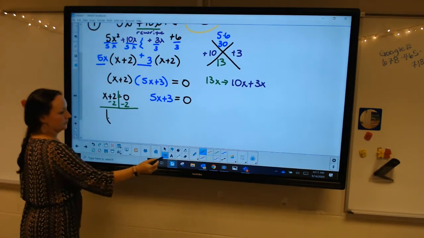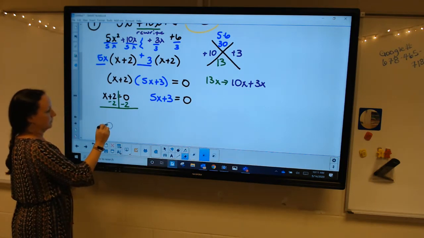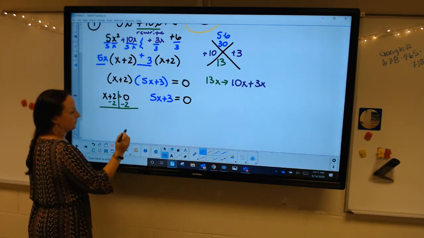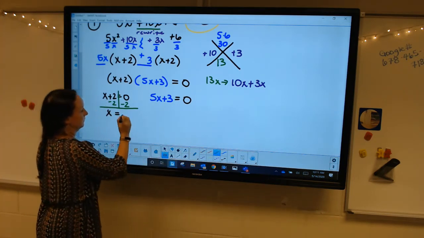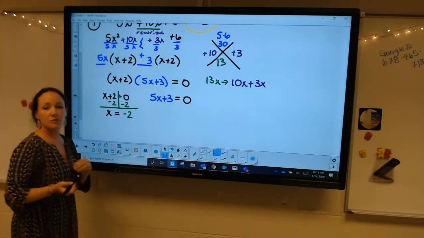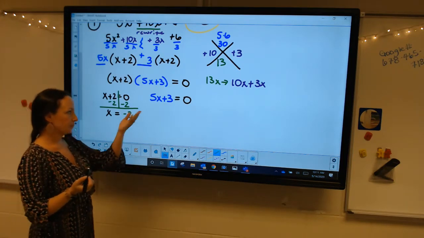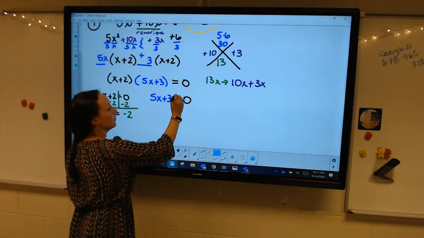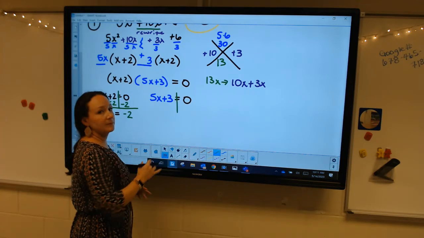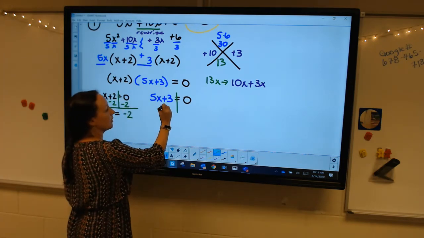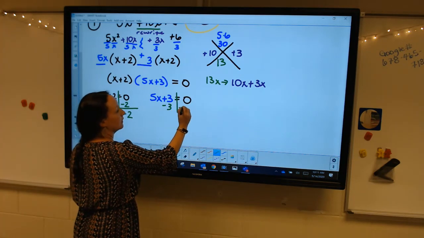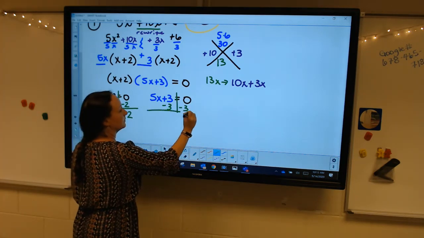Good. So x equals a negative 2. Here on this next problem, we actually have to take 2 steps because there's 2 different numbers that I need to move. First, we'll subtract the 3 from both sides.